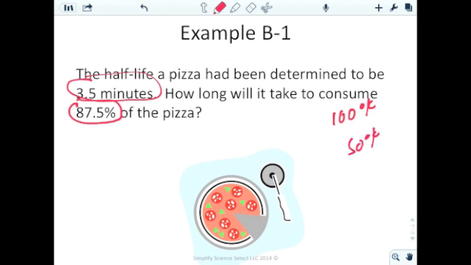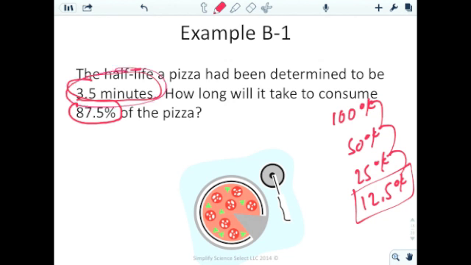We went from our 50% down to 25%, and we went from 25% to 12.5%. And so we have 12.5% left after 1, 2, 3 half-lives. And so what we can think is this multiplied by 3 different times, which would give us 10.5 minutes.